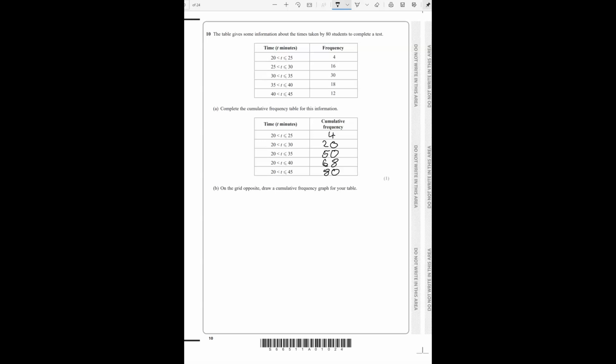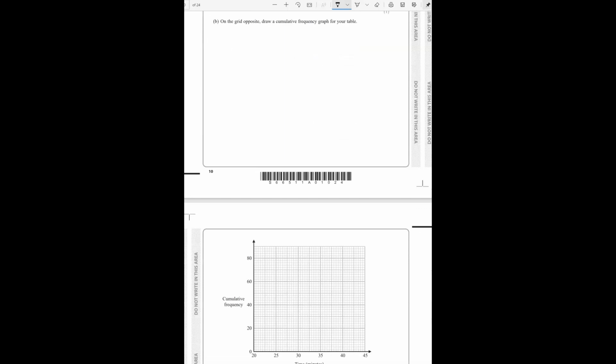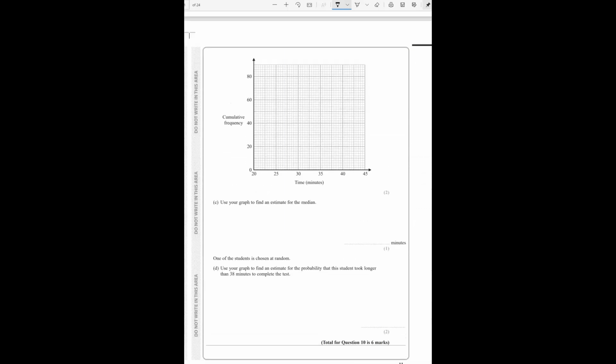On the grid opposite, draw a cumulative frequency graph from your table. Now this would be obviously a lot easier for you to do. We always plot at the end of the group, so 25 was 4, well that's 10, so each little square is 2.